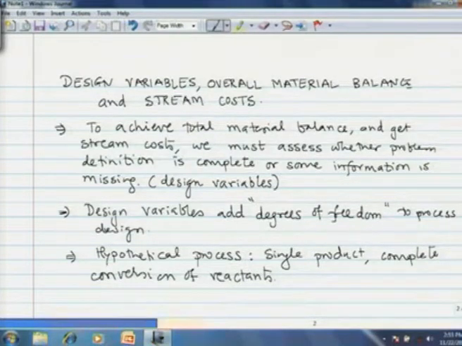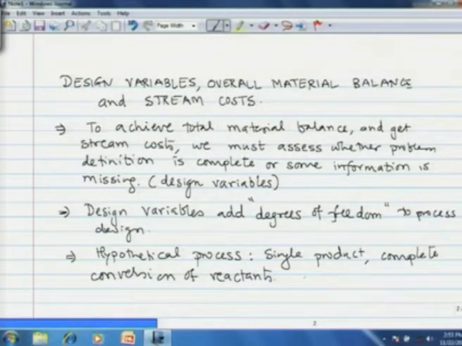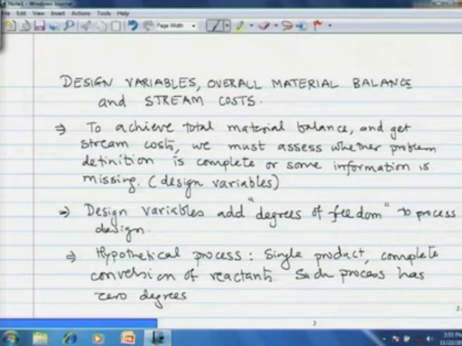You start with direct material balance based on stoichiometry and design a reactor. So, such a hypothetical process has 0 degrees of freedom. For such a process, there will be a unique set of material balance, a unique set of energy balance, and the reactor design is based on that.